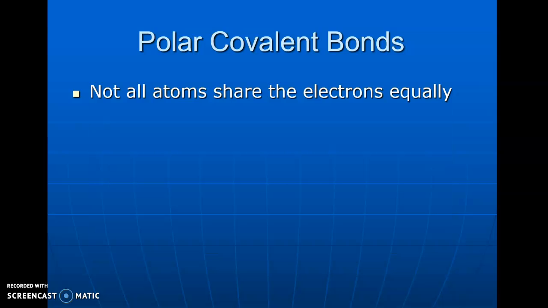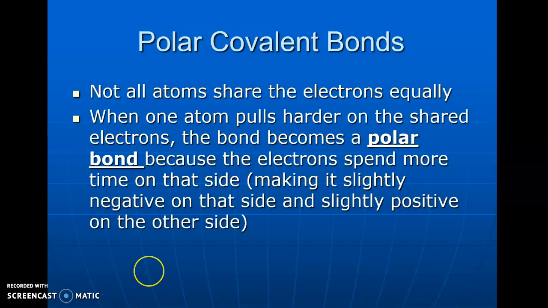I had a mistake in my slideshow. It's fixed now. So what happens when atoms don't share their electrons equally is that these electrons are actually pulled by one atom a little harder than they are pulled by the other atom. That causes those electrons to spend more time on one side of the molecule than they do on the other.